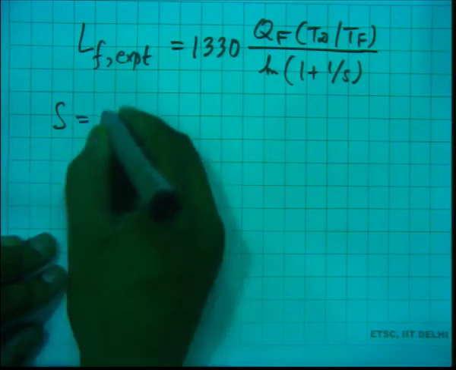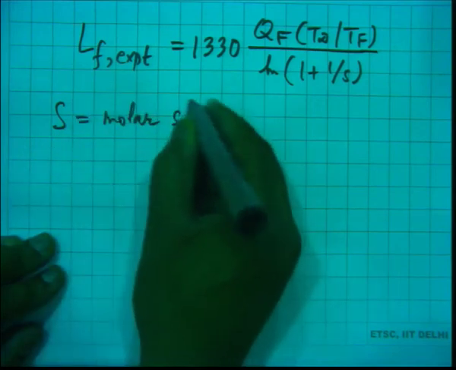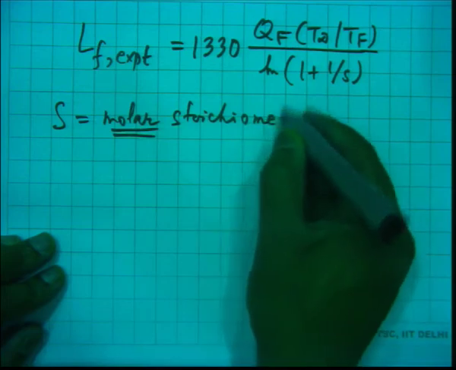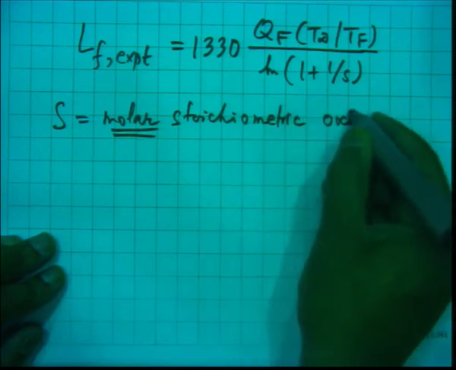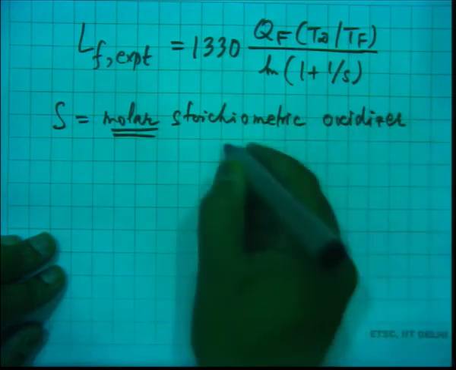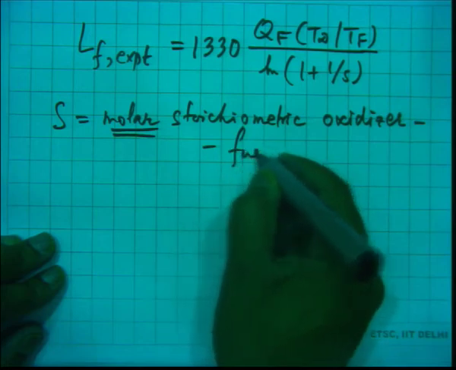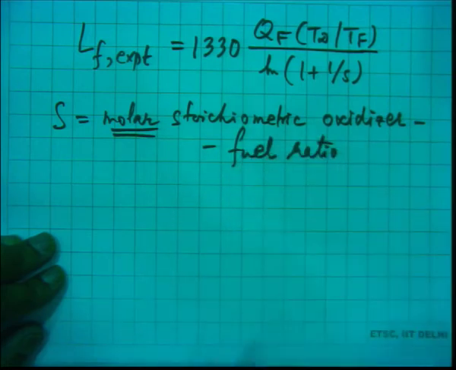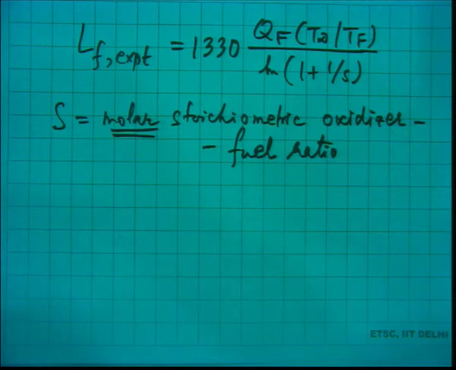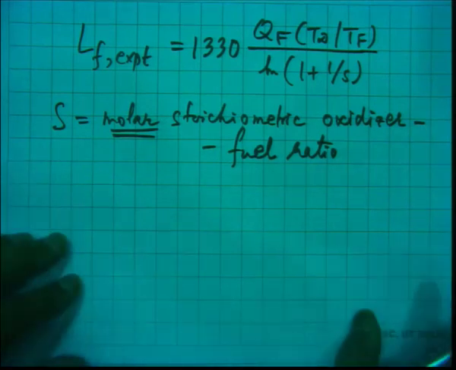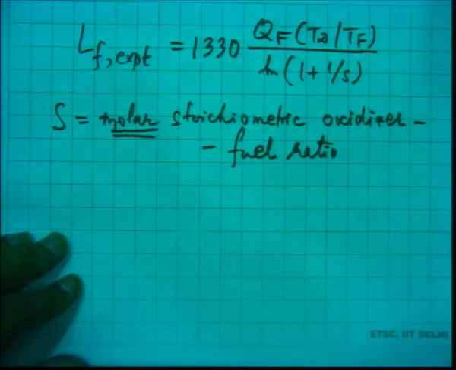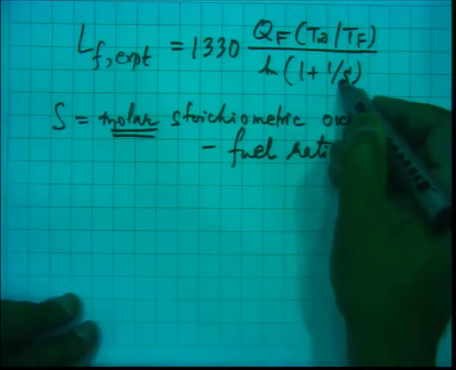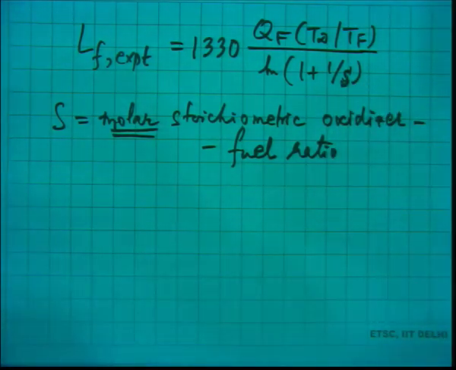So, this S is a molar stoichiometric oxidizer fuel ratio, molar is important. This is this S. Okay, I understand that there can be again further confusion.